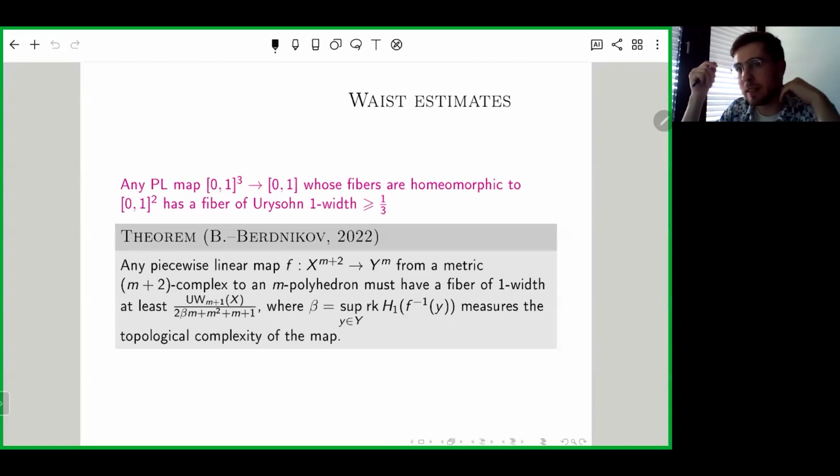It's not much more general than this baby case, and it has some additional complications. Here we assume that fibers have bounded topological complexity. Their first Betti number is bounded by a certain number beta, and this beta participates in the answer. So you guarantee that if your map drops dimension by 2, there is a fiber of Urysohn width at least something, which also depends on this beta.